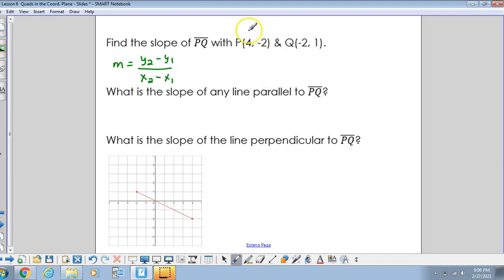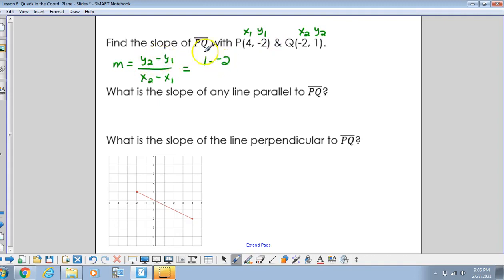Remember we have an x and a y coordinate, so since this is our first point, we'll call this x1 and y1, and since this is our second point, it will be x2 and y2. When we plug these in, y2 is 1, minus y1, that's a -2.